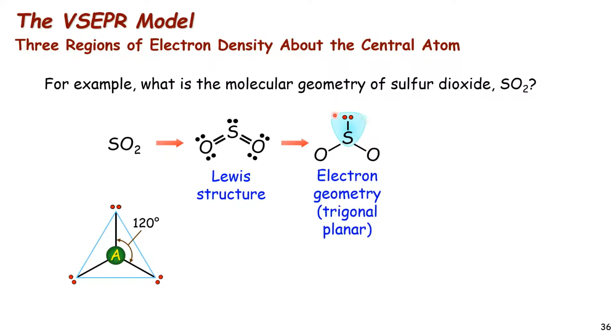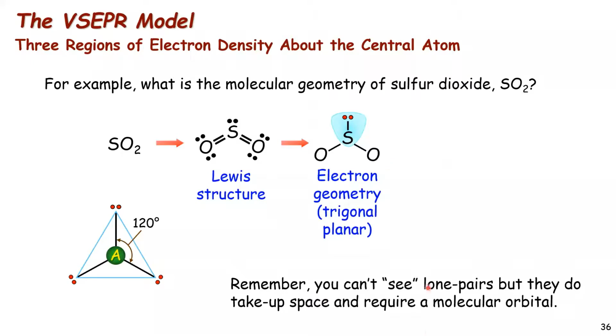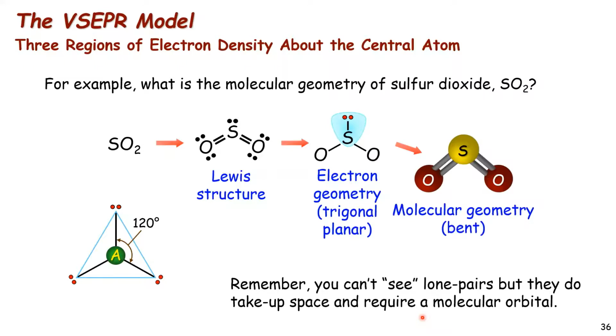But we cannot see lone pairs. Okay, we can't see these lone pairs, but they do occupy space. These are negatively charged electrons pushing on the negatively charged electrons of the bonds. So since we can't see the lone pair, the molecule looks like this. And we say that it has a molecular geometry of bent.